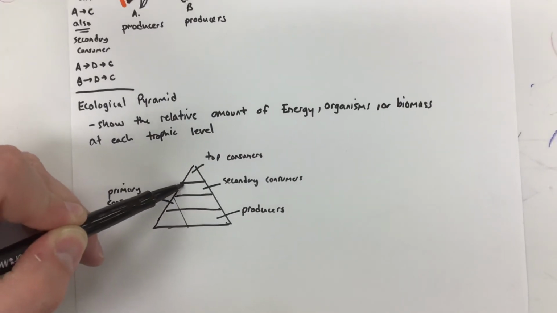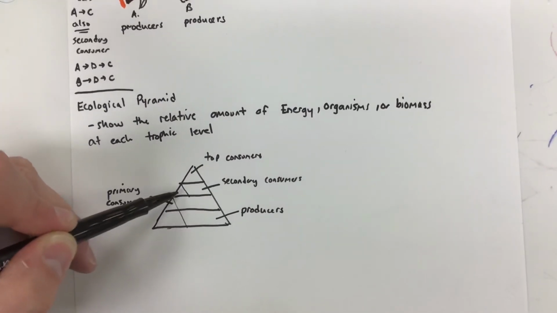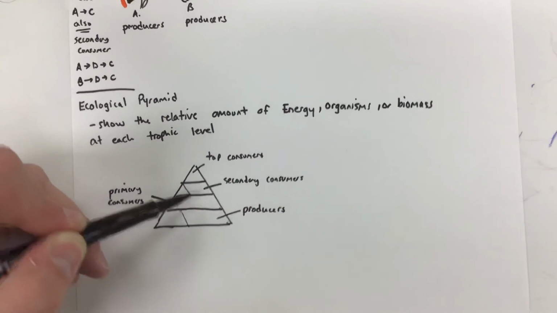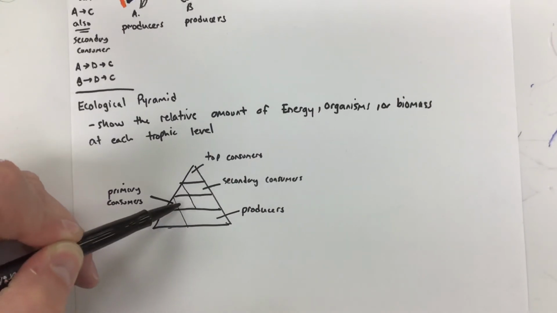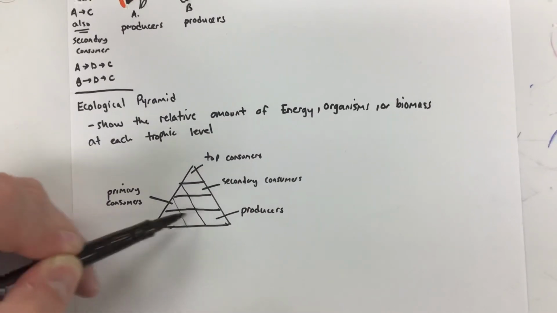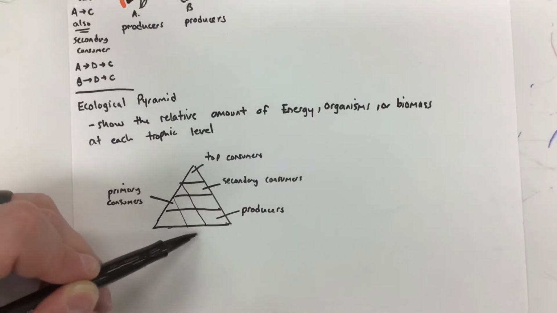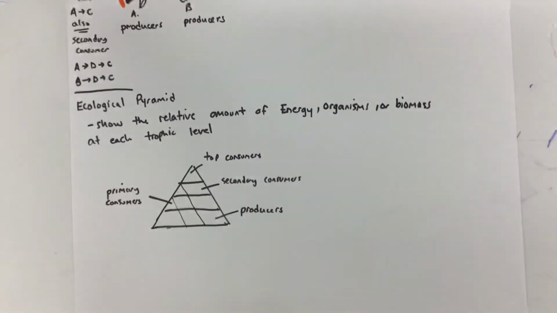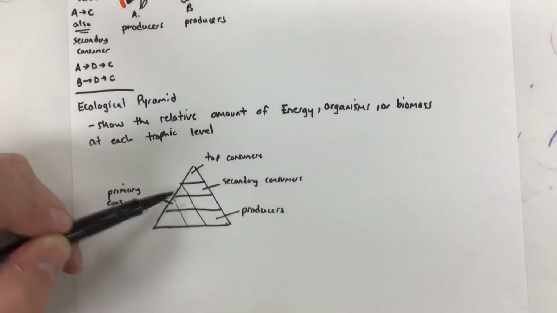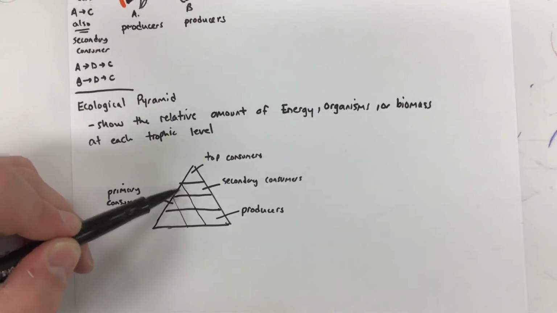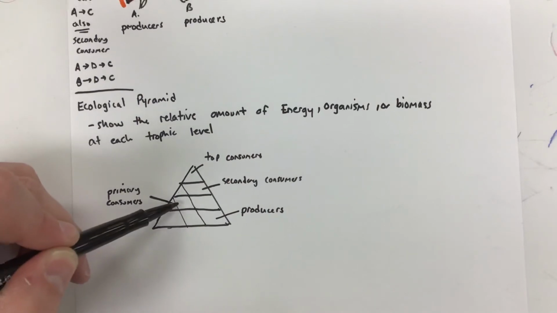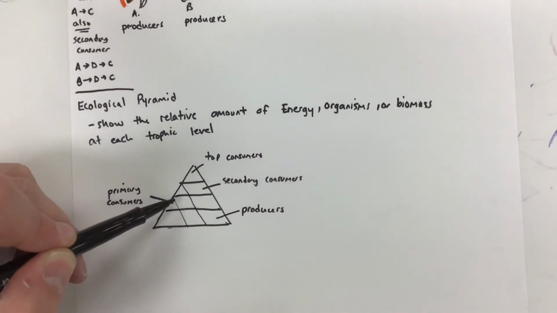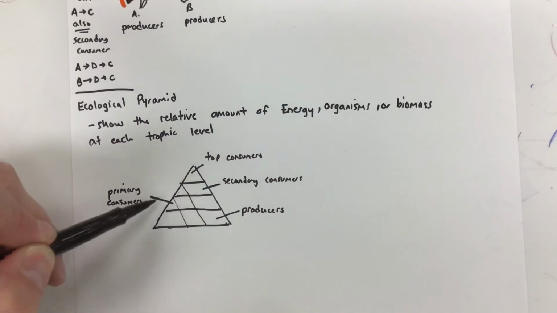But if you're a secondary consumer, right, not only do you have to keep yourself alive, but you have to keep all the things that you eat alive, right? And then all the things that they eat alive. And so you need a lot more energy to keep you alive if you are here at the top level, right? You need more grass because not only do you have to eat the things that you eat, but you also have to include the things that they eat.